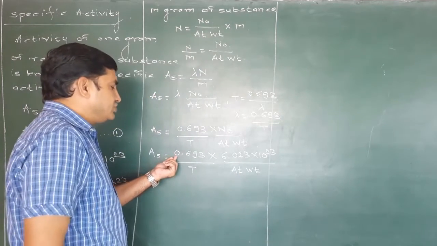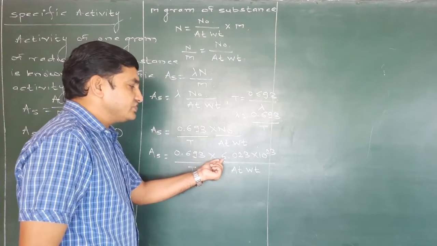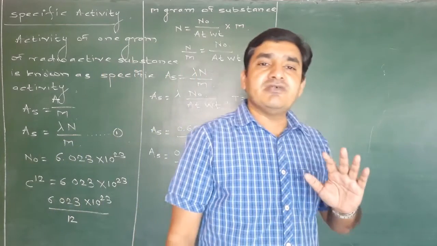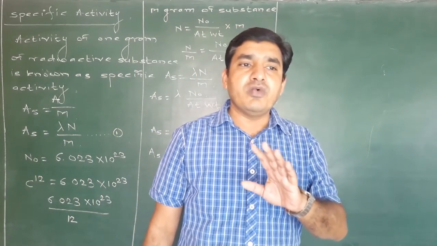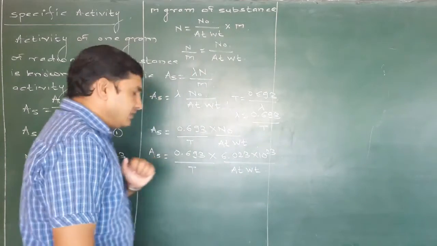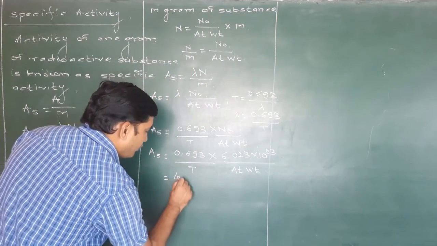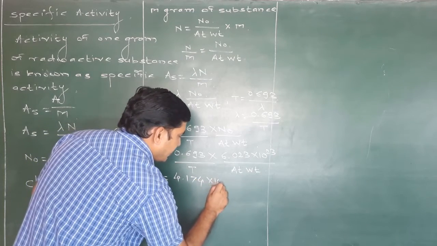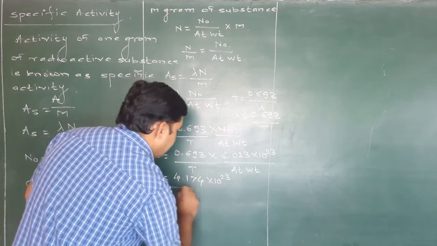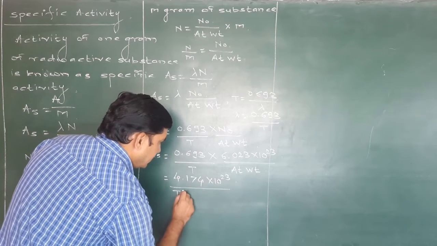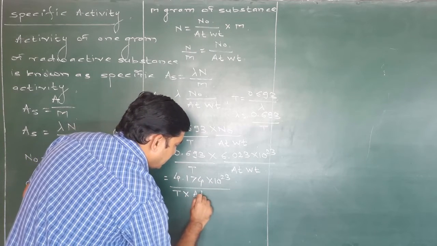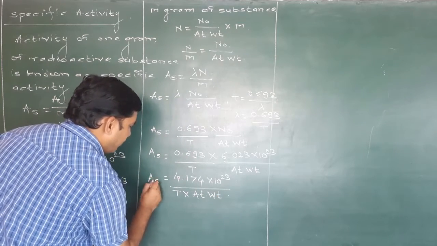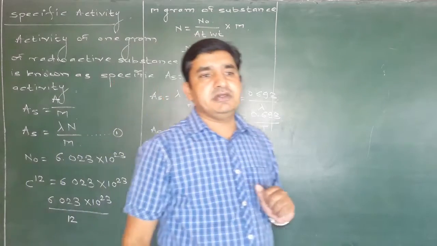When we multiply 0.693 by 6.023, we get its value as 4.174. So we get 4.174 into 10 raised to 23 divided by T into atomic weight. This is the formula for specific activity.